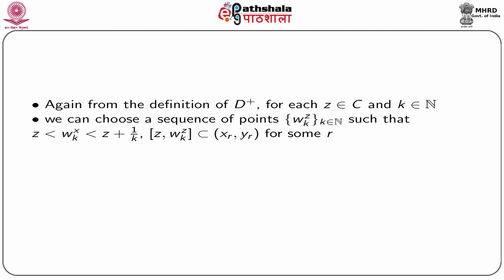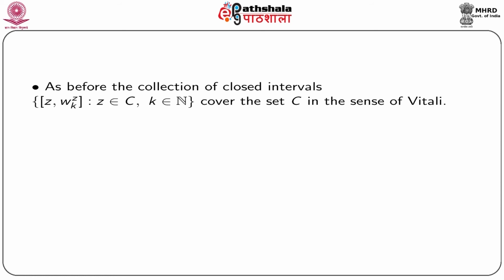We can always choose the interval small enough, because we have the limit property of D upper plus from the definition. (f(w_{z,k}) minus f(z)) by (w_{z,k} minus z), this ratio is greater than q0. Again, as before, the collection of closed intervals [z, w_{z,k}], where z runs over C and k belongs to N, covers the set C in the sense of Vitali.